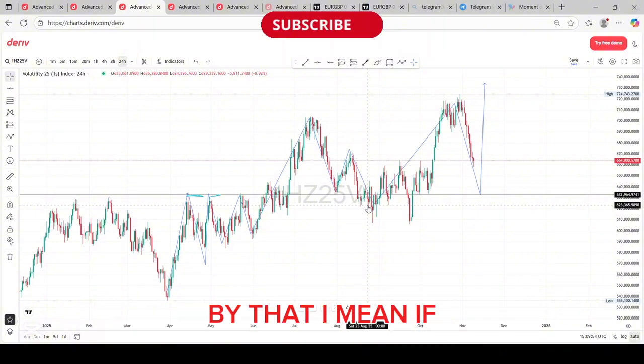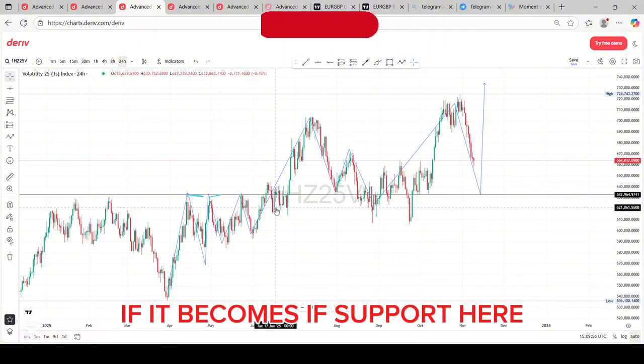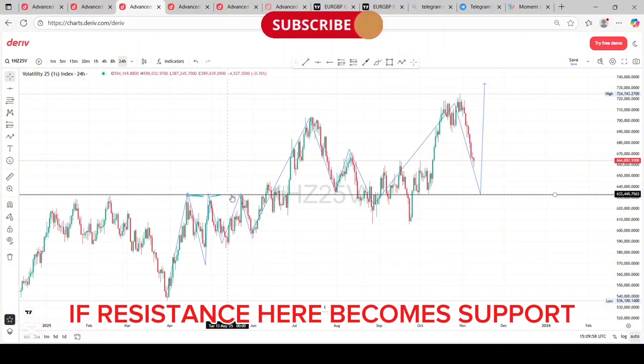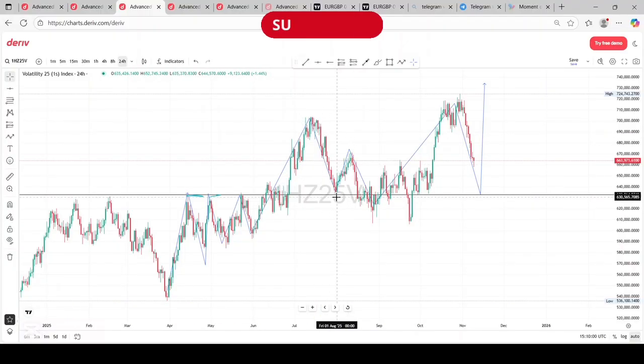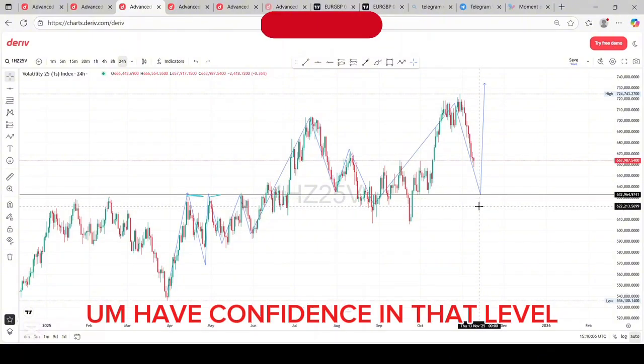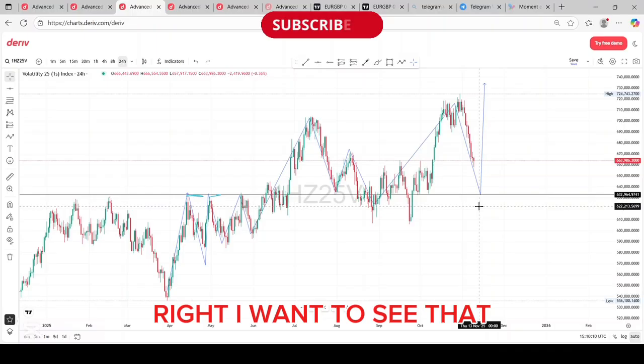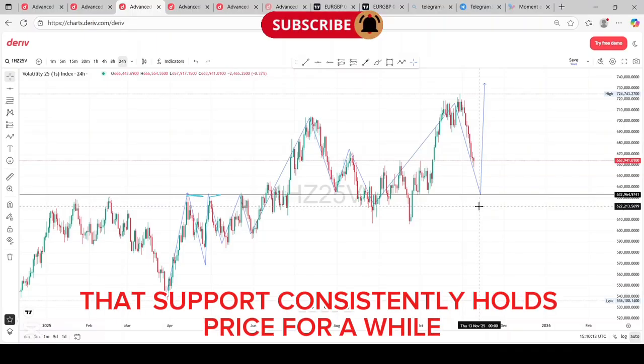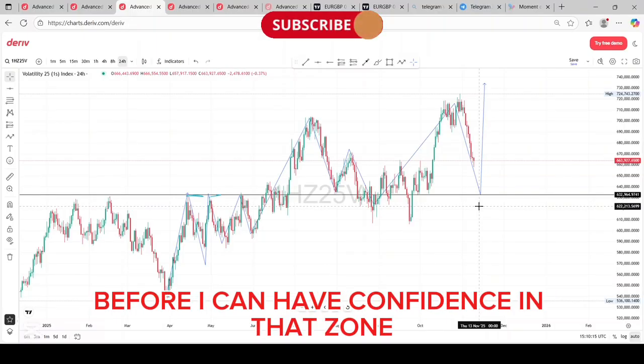By that I mean, if resistance here becomes support, I want to see that the support consistently holds price for a while before I can have confidence in that level, right?